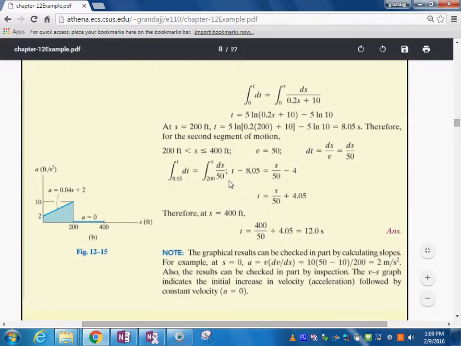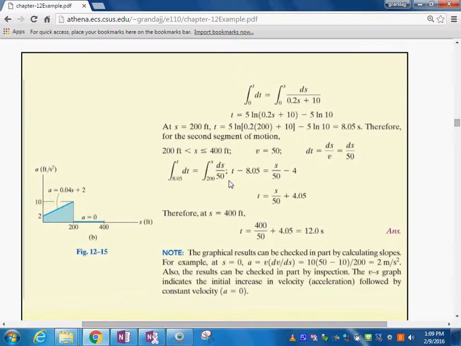So this is the other thing. If you have this graph like this, it shows how the velocity was changing at first, and then it went to constant velocity.